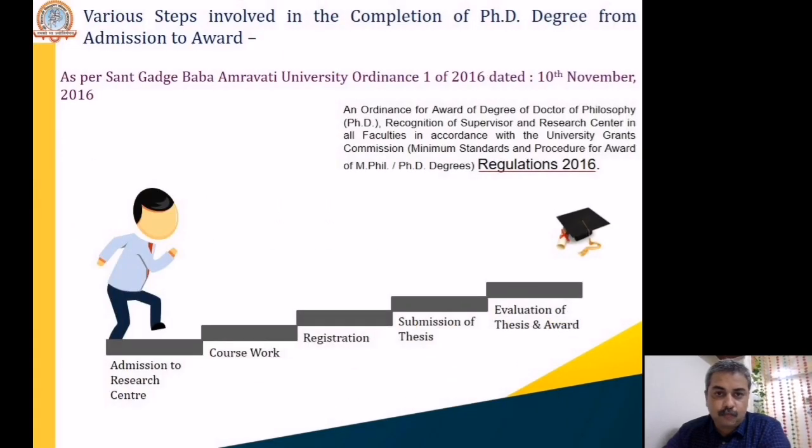So the various steps involved in the completion of PhD degree from admission to award are explained by the university by its ordinance number 1 of 2016, and the regulation of 2016 clearly explains the various steps, the various processes involved right from the beginning, that is from the admission to the research center till the award of PhD degree.